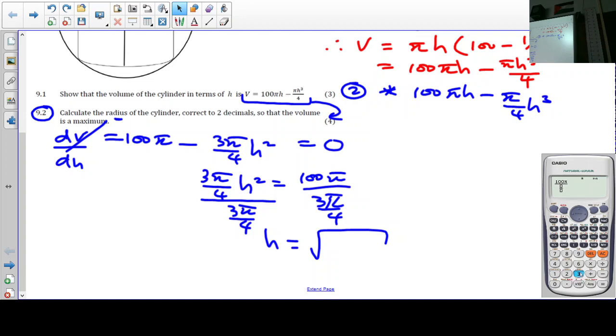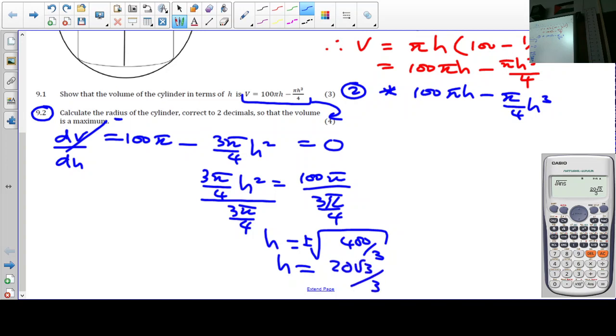So it will be 3 pi over 4, which gives us 400 over 3. And the square root thereof, of course, plus minus. But since we're busy with height here, it can't be negative. It's going to simply be 11,55, or in the radical form, 20 root 3 over 3.